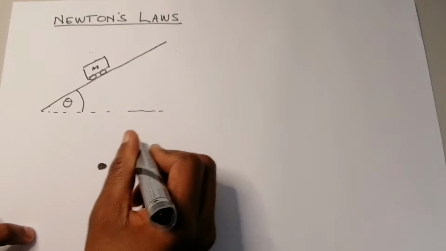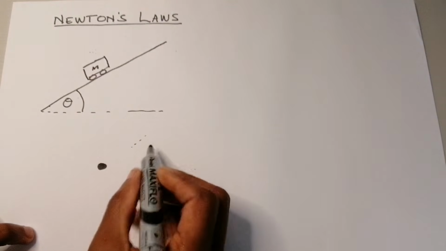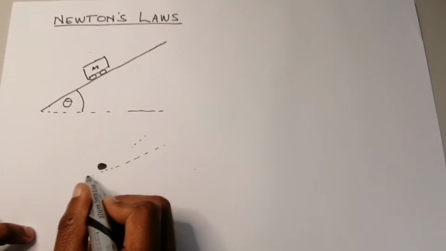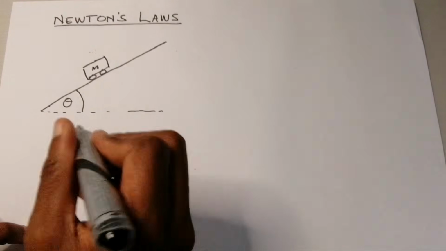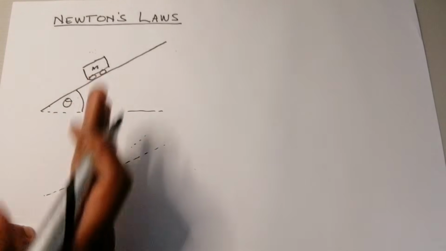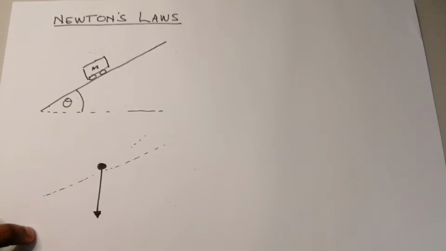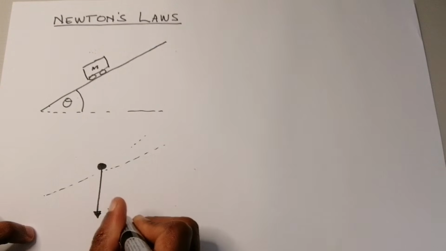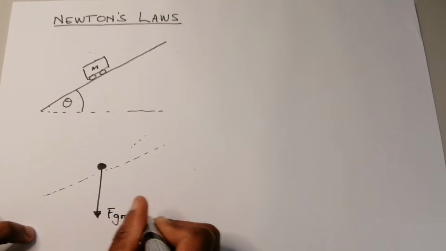So now, first of all, let me just try and indicate my inclined plane there so that you can see. Right, so first of all, we've got gravitational force, which is acting vertically downwards. Okay, remember, this is vertically down. Okay, and we know that's the force of gravity.